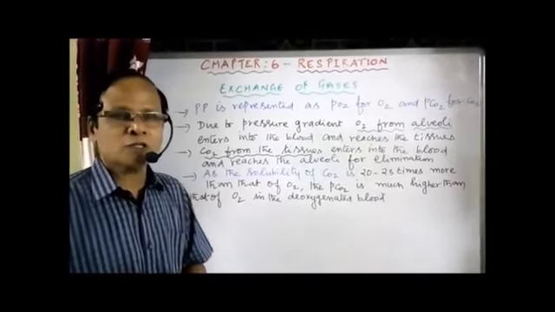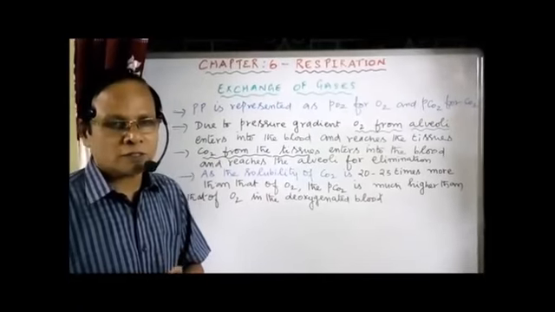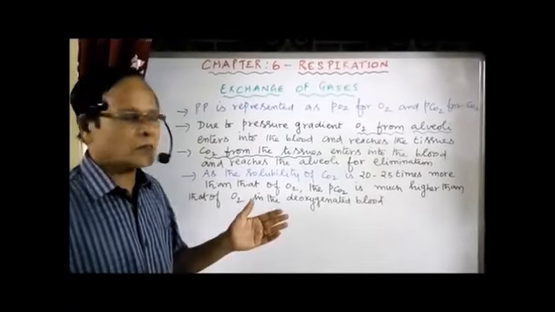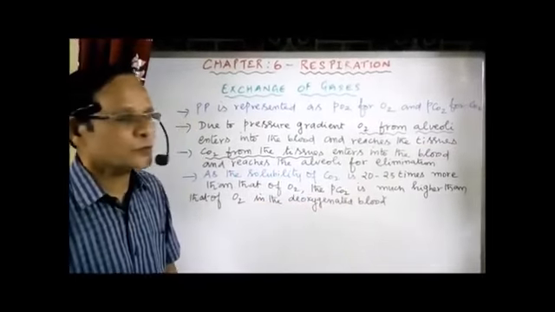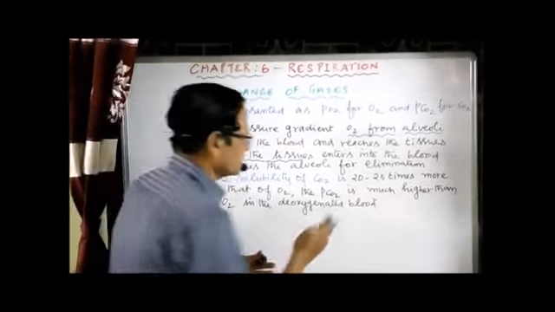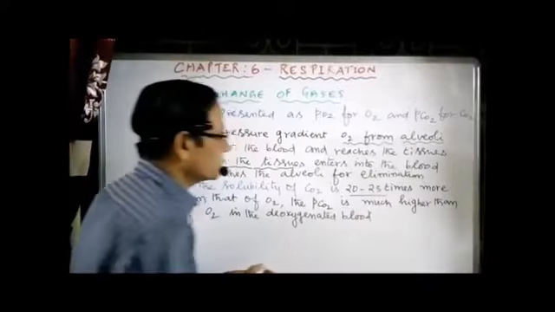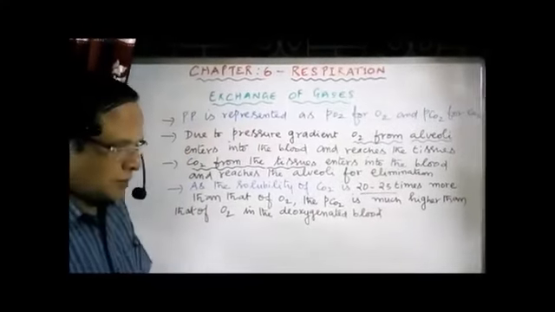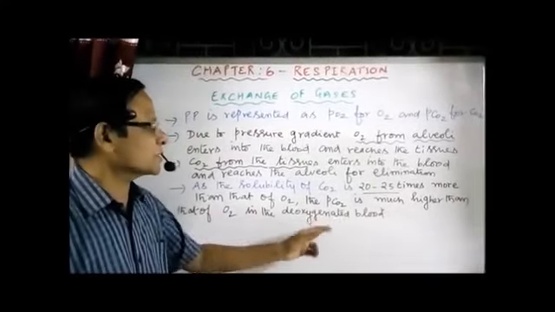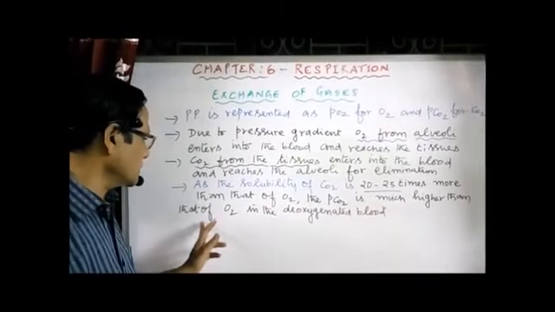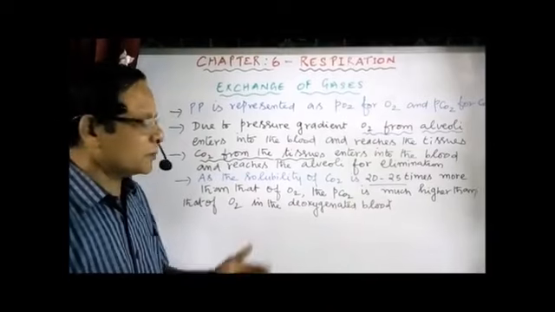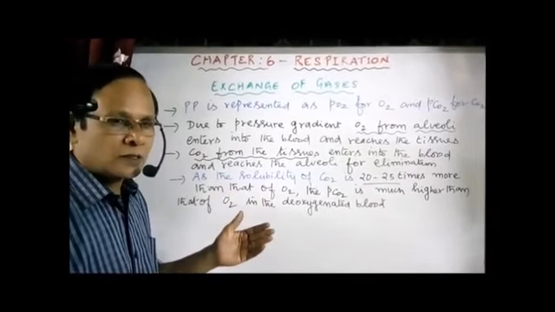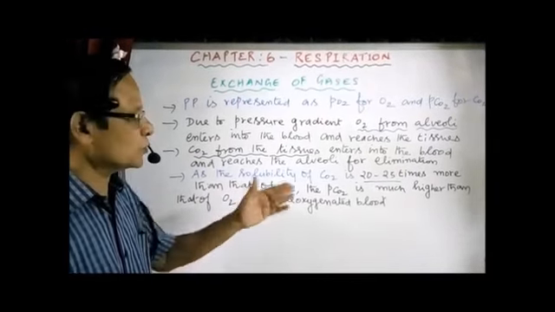Now, carbon dioxide is more soluble than oxygen in water. The solubility of carbon dioxide is 20 to 25 times more than that of oxygen. The partial pressure of carbon dioxide is much higher than that of oxygen in the deoxygenated blood. So the PO2 is less in the deoxygenated blood and PCO2 is higher.